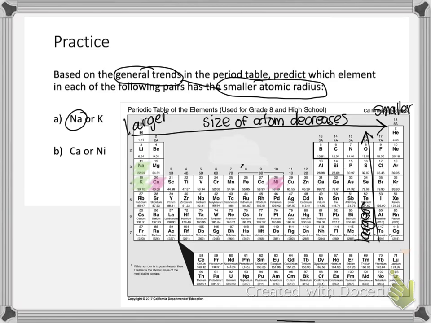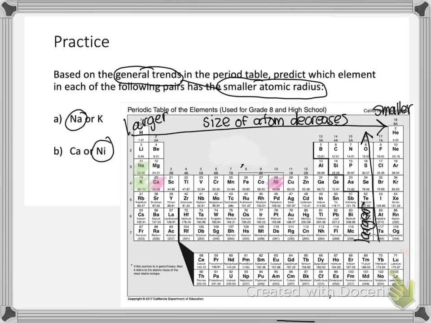And the general trend is, as you go across a period, because calcium and nickel are in the same period, as you go across, the atoms get smaller. So based on that general trend, nickel is further to the right, so I would predict that nickel is smaller than calcium.